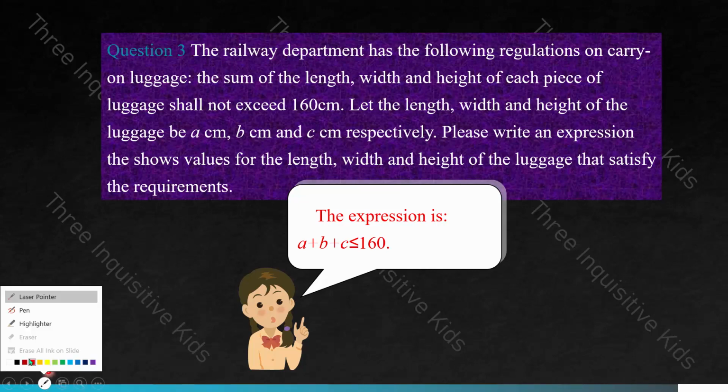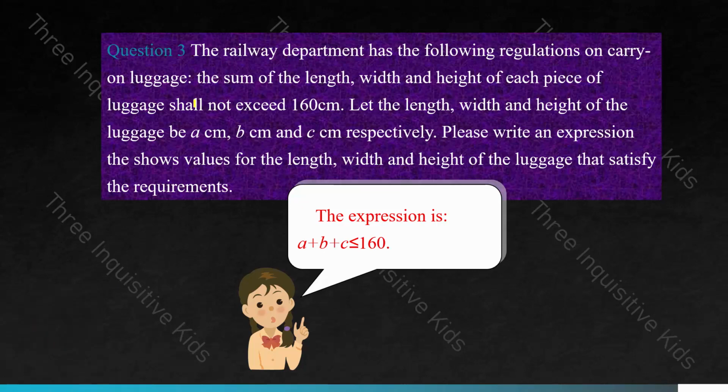Here the keyword is "shall not exceed." It's very important when looking at problems like this to really find what our keyword is. You might say less than 160 centimeters, and if you did, that would be wrong, because "shall not exceed" and "less than" are different things. Shall not exceed means that it's just not greater than 160 centimeters.